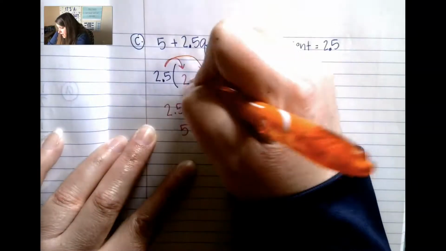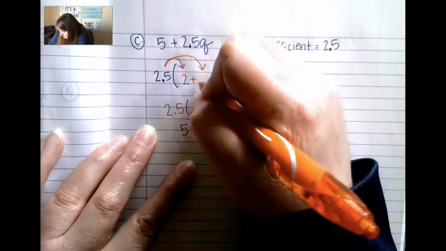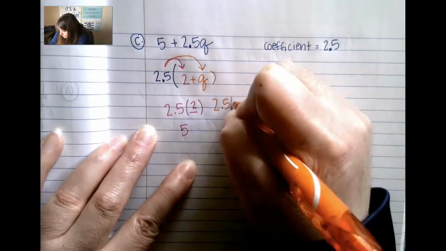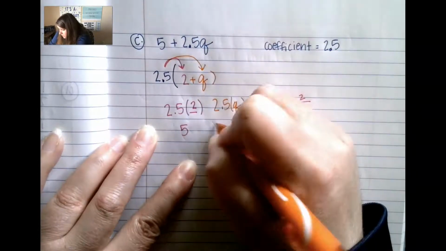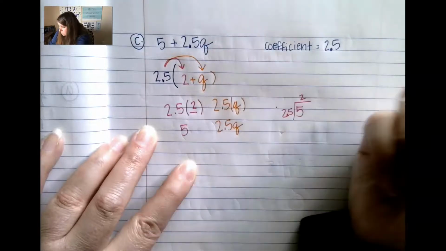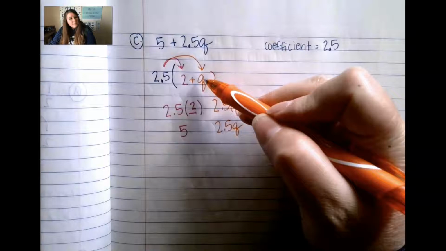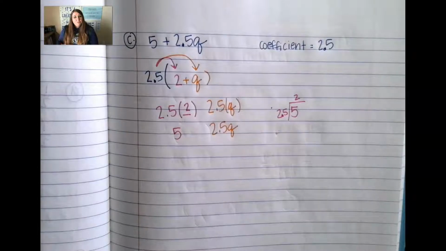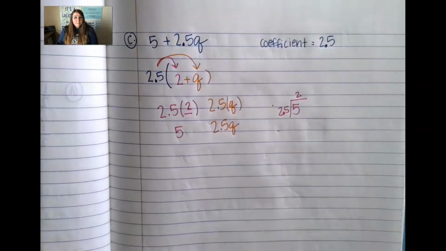And so 2.5 times q gives me 2.5q, because remember there's that invisible 1 in front of the q. Okay, so pull out the coefficient. It's kind of like already the greatest common factor, and then work your way forward from there.